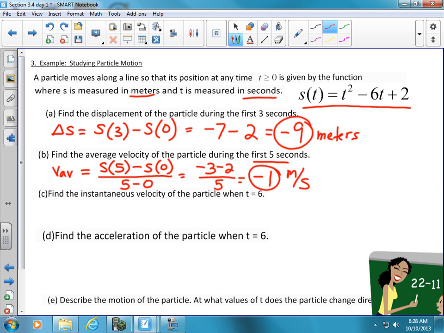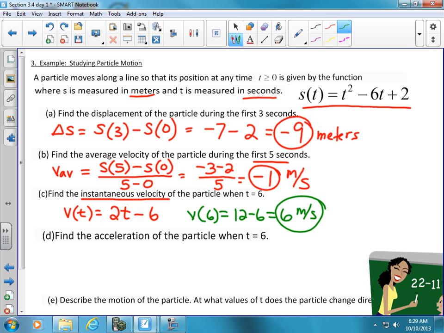Now the instantaneous velocity is going to be the derivative of our function. So the instantaneous velocity is 2t minus 6. And when t is 6, we get the velocity at 6 equals 12 minus 6, or 6 meters per second.